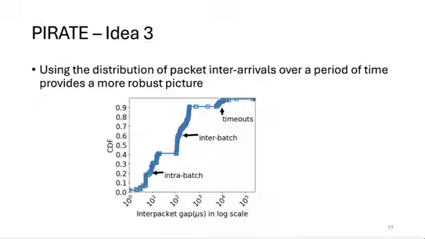In contrast, we observe that maintaining a distribution of the interpacket arrival gaps over time can provide meaningful clues. This distribution has two modes, intra-batch and inter-batch. Intra-batch represents the interpacket gaps observed within a batch, whereas inter-batch represents the interpacket gaps, or the idle time, that happens between the two batches.